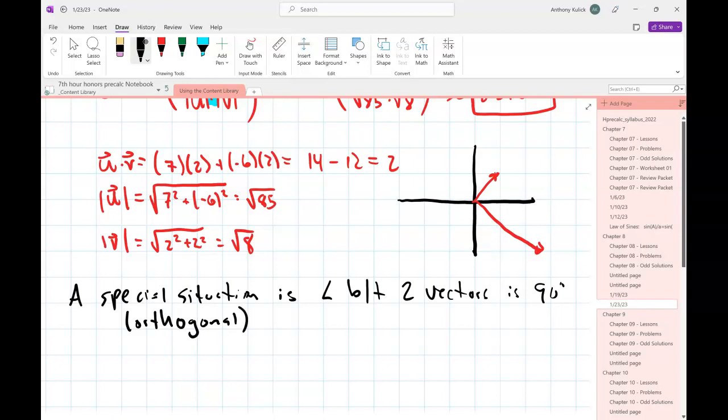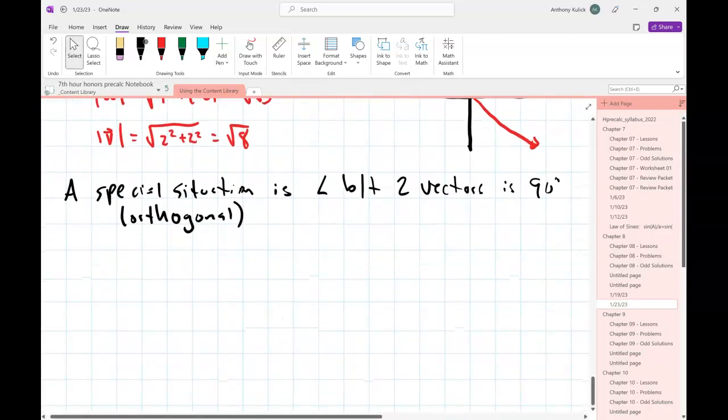We call that orthogonal if the angle between two vectors is 90 degrees. So orthogonal is just like the vector term for perpendicular, right? But it basically means the same thing, right?